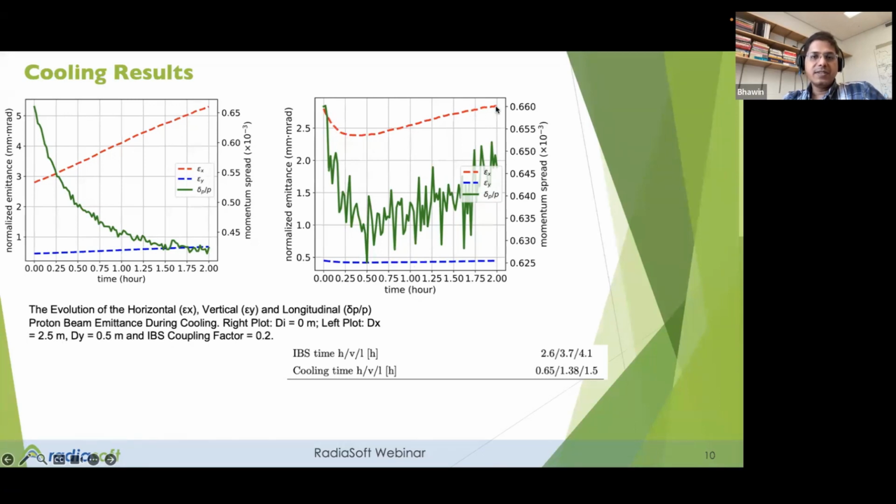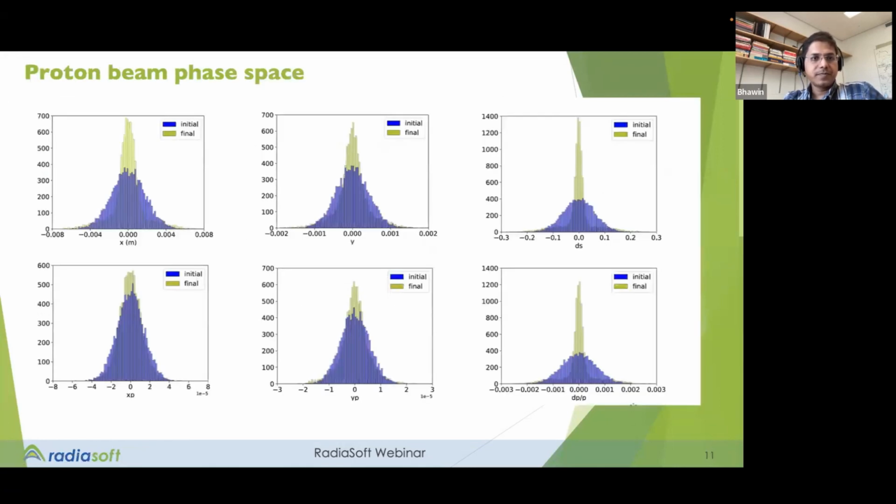So this means there is a cooling effect on the 275 GeV proton beam using the parameters presented in the previous table.